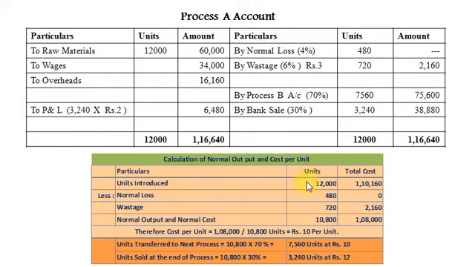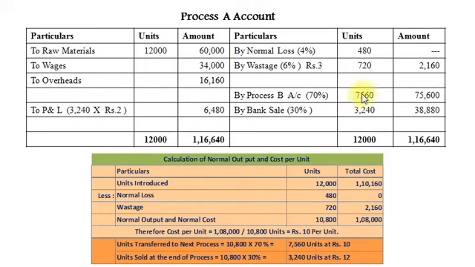Units introduced 12,000 units and total cost 1,10,160, that is material, wages and overhead, minus normal loss 480 units with 0 rupees realization value, and wastage 720 units and 2,160 realized value, and normal output and normal cost 10,800 units and rupees 1,08,000 total cost. So per unit cost would be 1,08,000 divided by 10,800 units is equal to rupees 10 per unit.